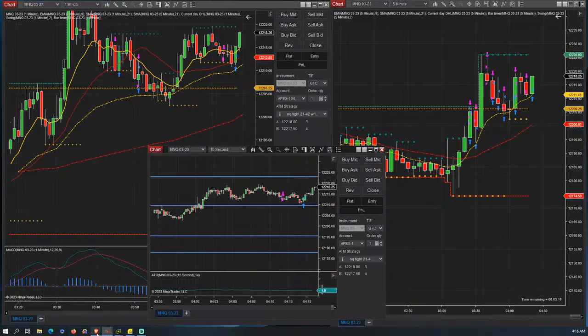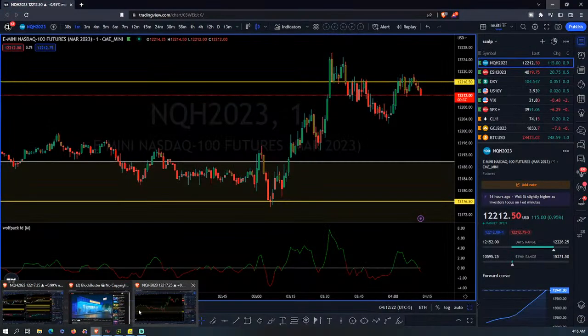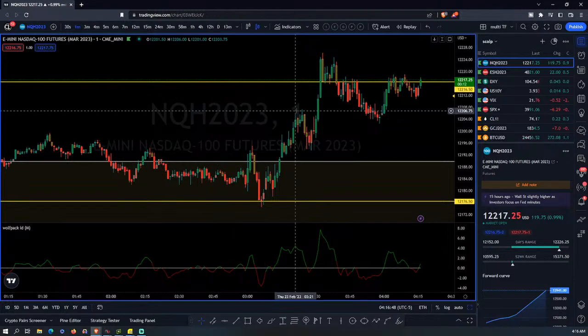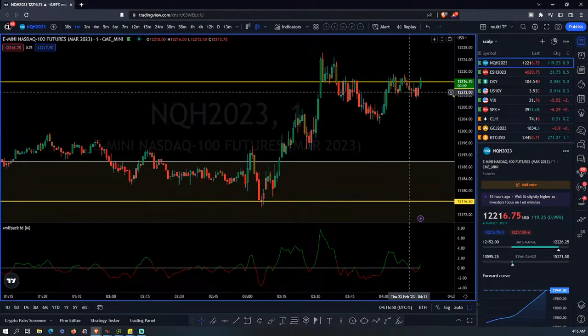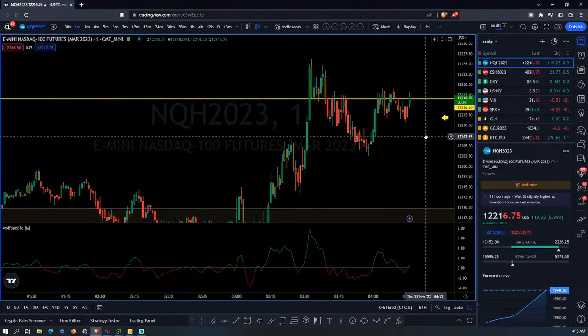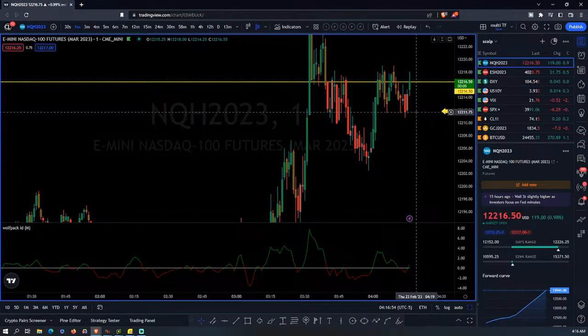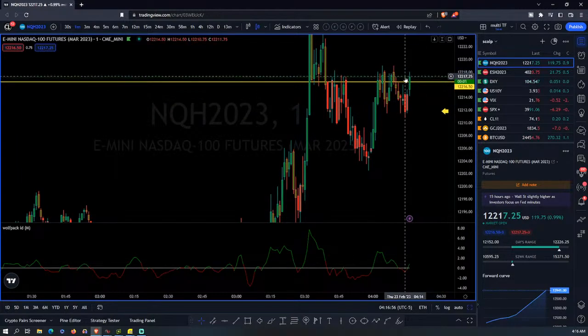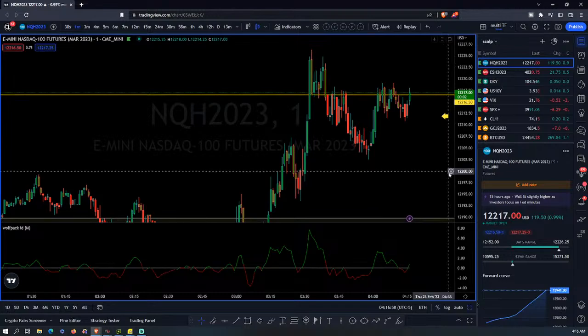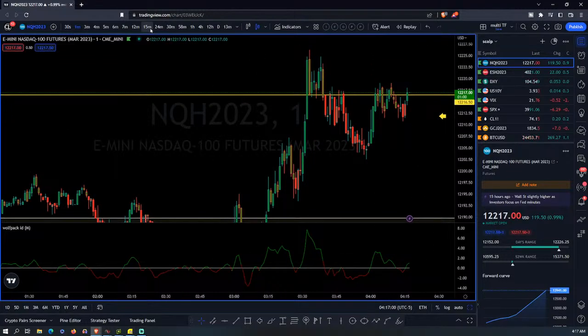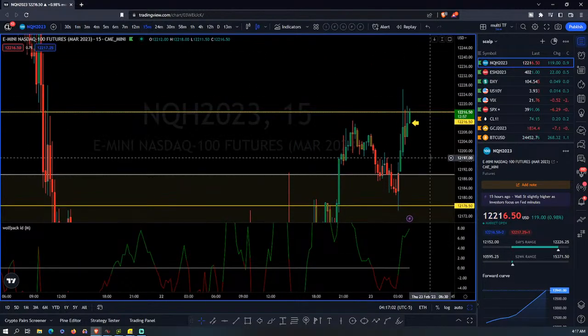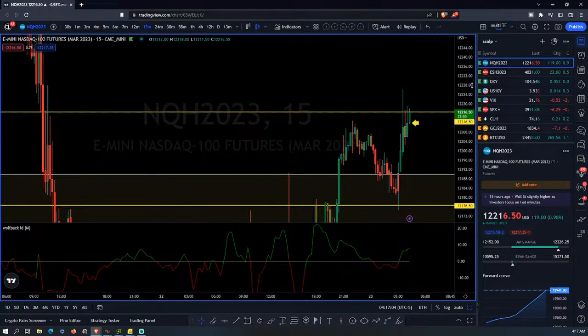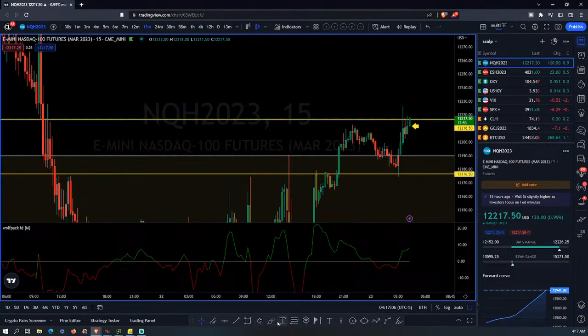I'm missing a TradingView chart. Where'd you go? There it is. So look at that, just pop. How many points is that now? We're looking at 5 points chopping right now. Let's go down to a 15-minute and build in some value. I can't find my volume profile.